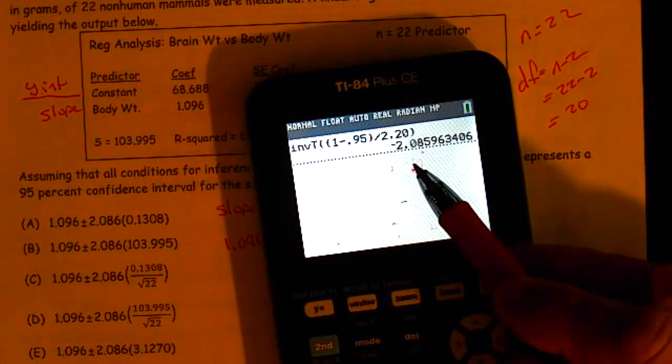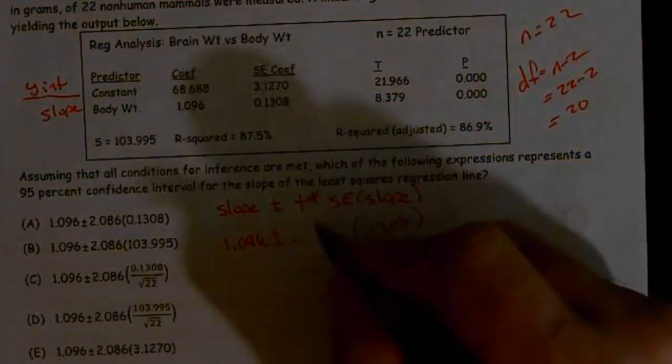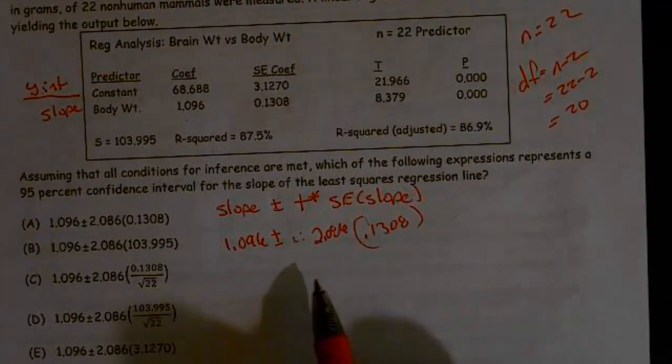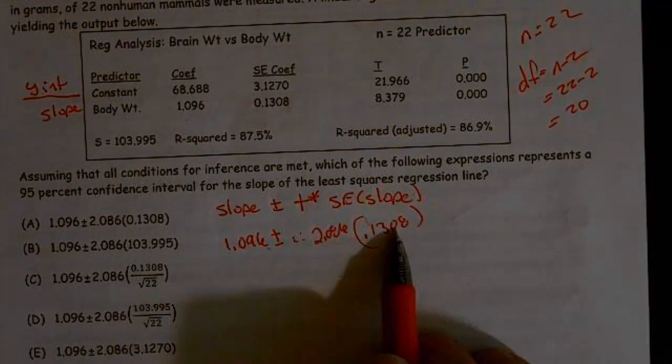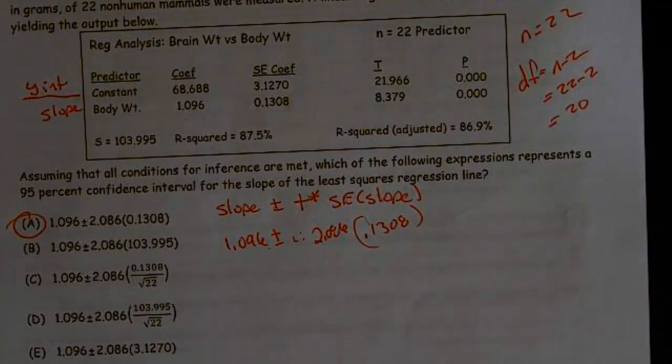So we're looking for a t star value of 2.086. They all have that. And so 1.096 plus or minus 2.086 times 0.1308. So the answer to 69 is A.